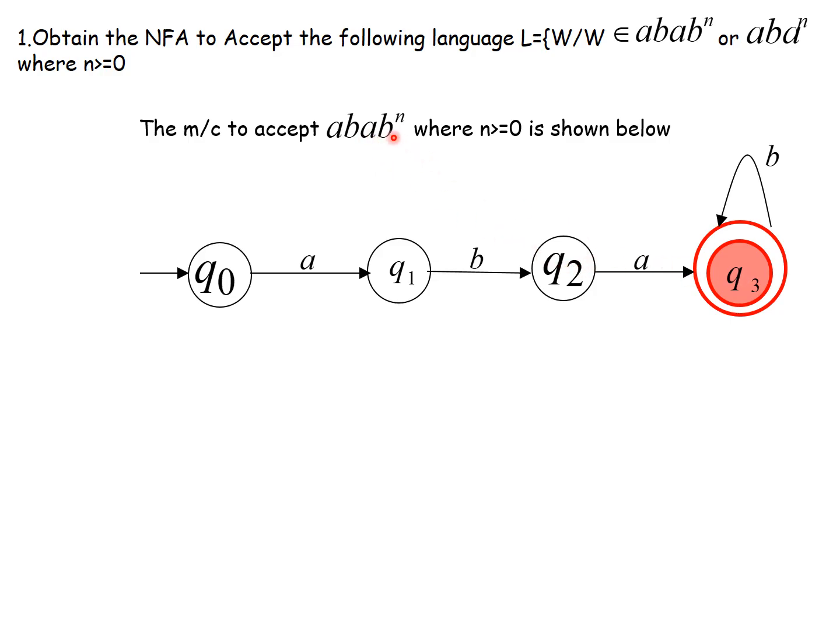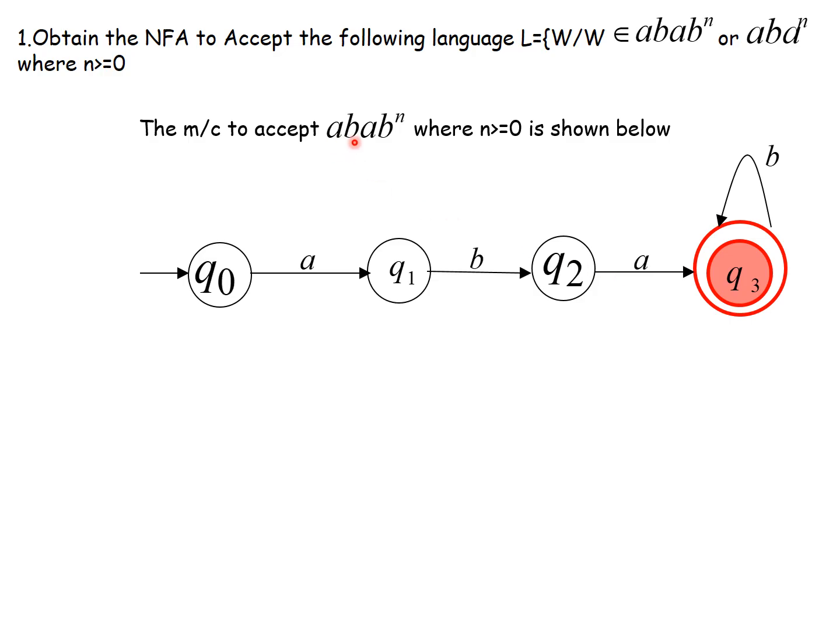Here B^n, n is greater than or equal to 0. That means it may be 0, where B is absent. If n is equal to 0, B disappears. The given input is only A, A. In that case it is accepted.